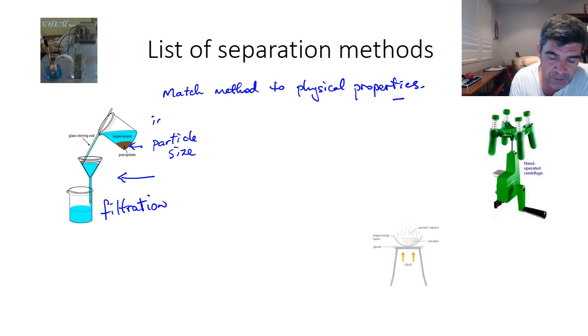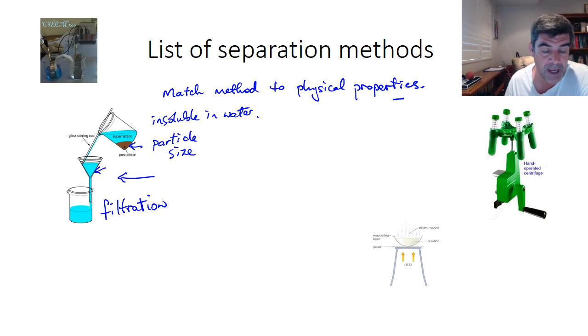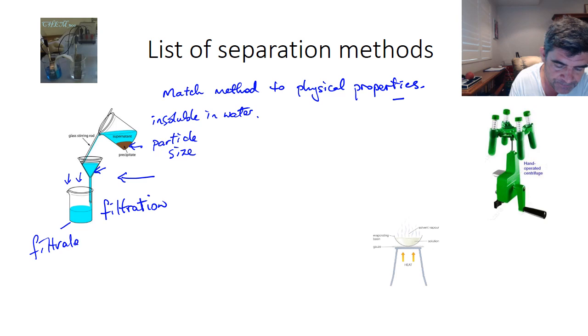It's insoluble in water, and as a result of this large particle size, the large particles will be caught in the filter paper, but the water will pass through. Being a smaller size, it will pass through and collect in the filtrate at the bottom, and we'll be left with a residue at the top.